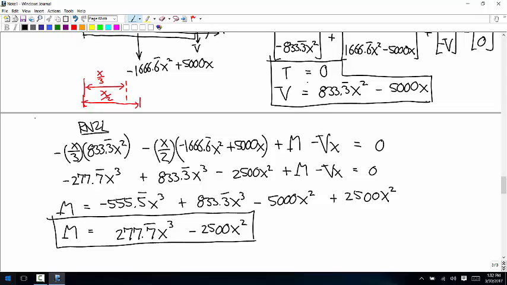And I think I might have mentioned this before, but you know that dm dx is equal to v. So that gives you the idea, well, why don't I just start with this v value and integrate it, and then I don't have to go through all this messy rotational Newton's second law stuff to get m.